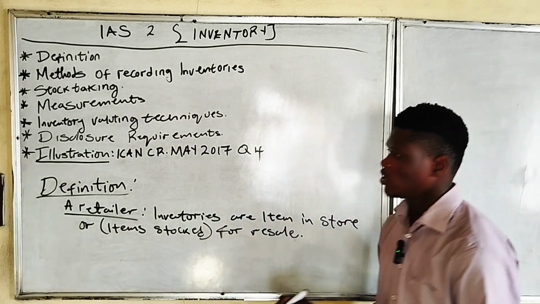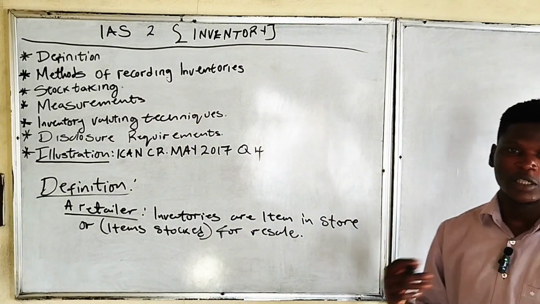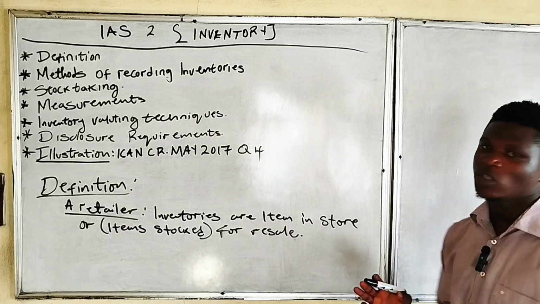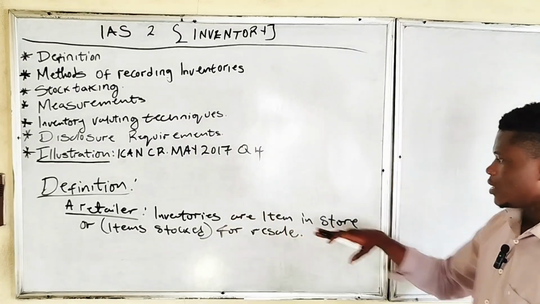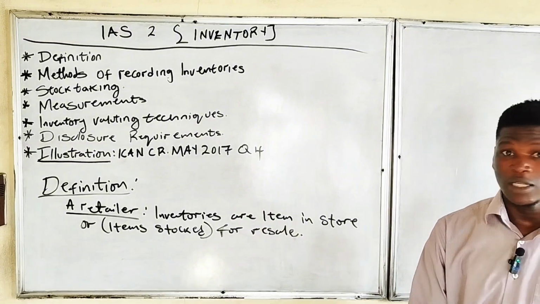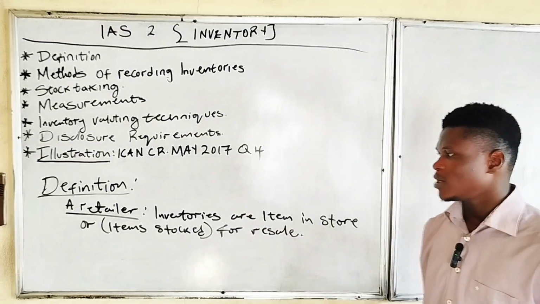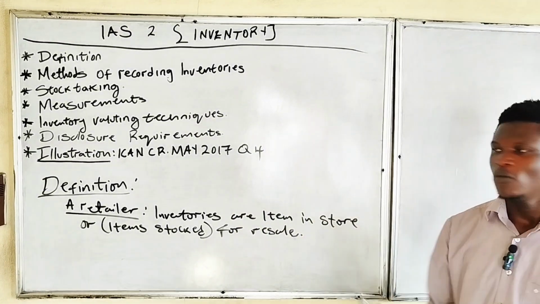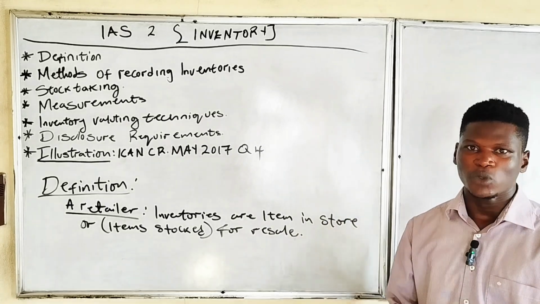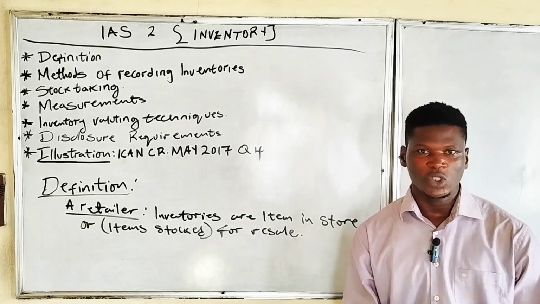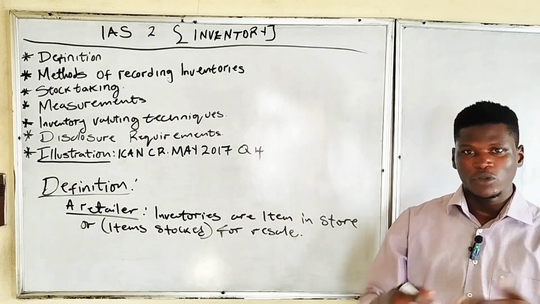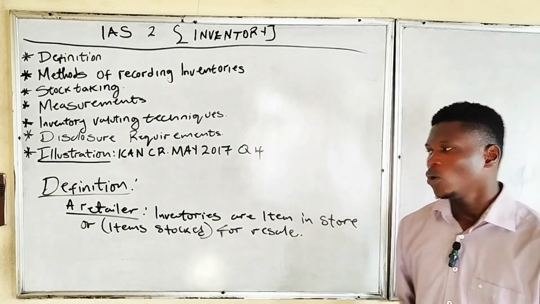So this is the definition of inventory to a retailer. Just like we said that generally inventories are assets held for sale in the ordinary course of the business, to a retailer now, inventories are those items in the store presently at a particular time or those items stocked for resale, meaning that a retailer will have to purchase something to sell.